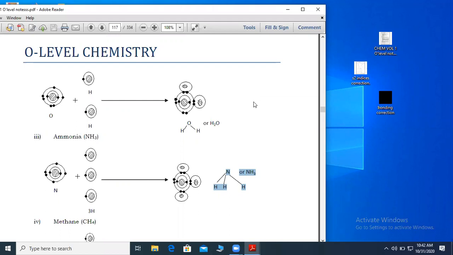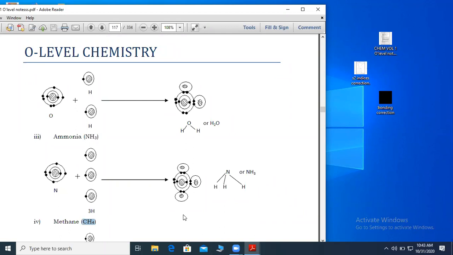I want someone to tell me how a compound can be formed between carbon and hydrogen. Who has an idea? Carbon and hydrogen. First, write the electronic configuration of carbon, which is 2, 4, meaning carbon has 4 electrons in the outermost shell, whereas hydrogen has 1 in the outermost shell.